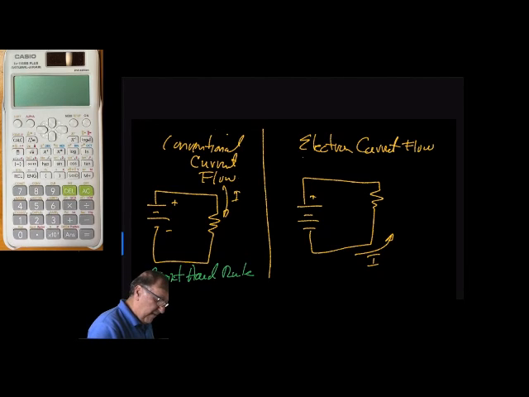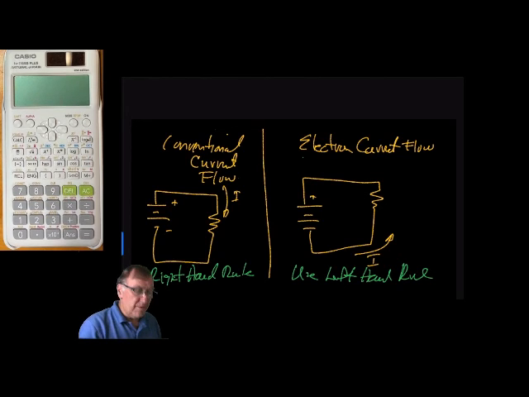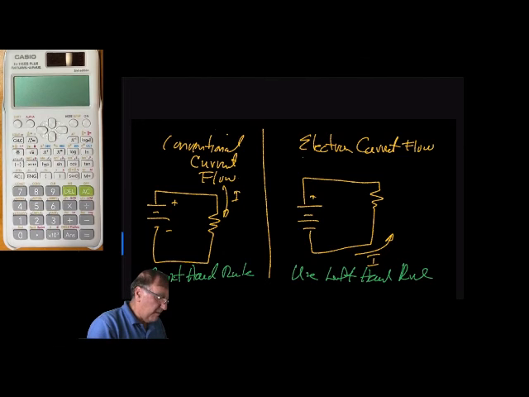If you use that convention, you use the left-hand rule. So what will we be using in the course? It's perfectly acceptable to use either, but in this course we will use the right-hand rule. So please use that as we go forward.